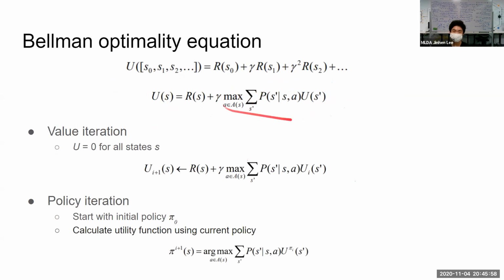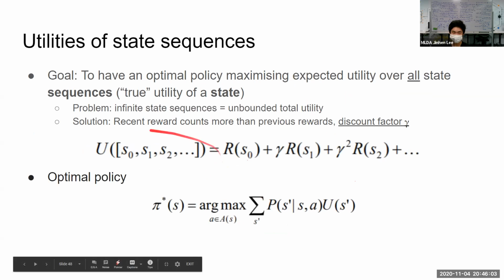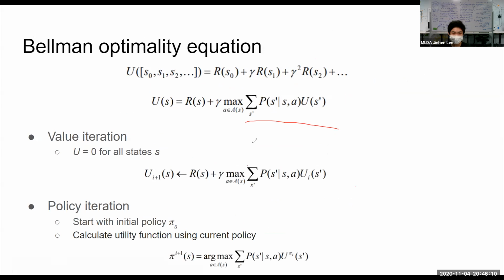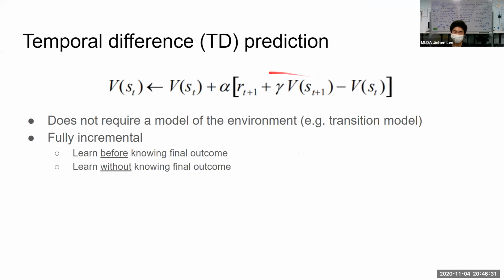Remember that this thing is actually, let me try to write something, the U of S prime. So in your temporal difference, this thing is actually an unbiased estimate of this thing itself.